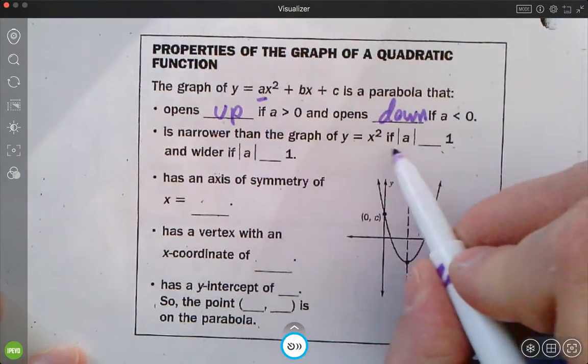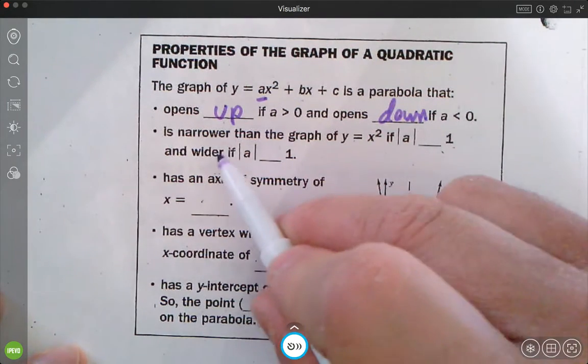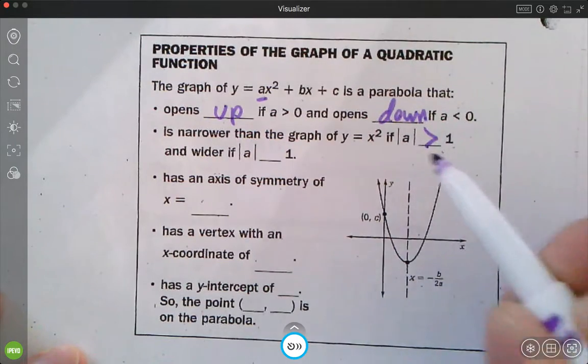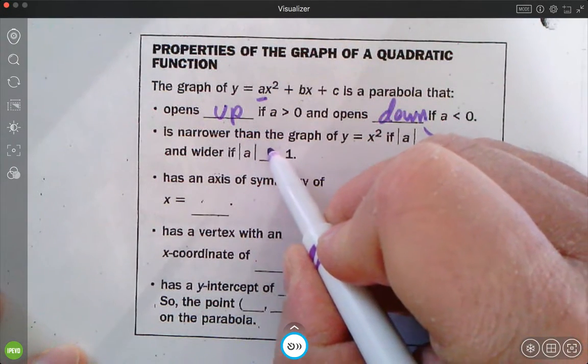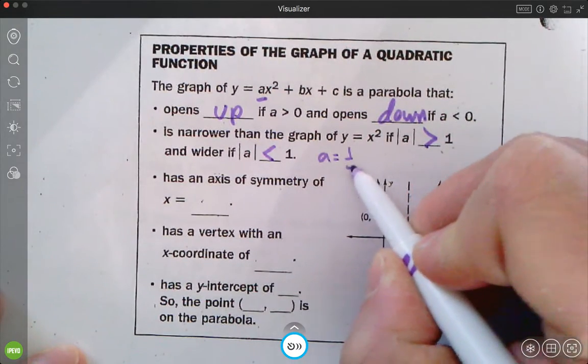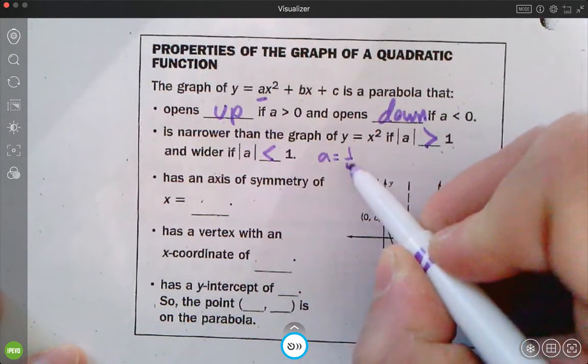Now, it's a narrow, skinny graph if a is greater than 1, and it's a wider graph if it's a fraction, so a is less than 1, like a could be 1/4 in that spot there.